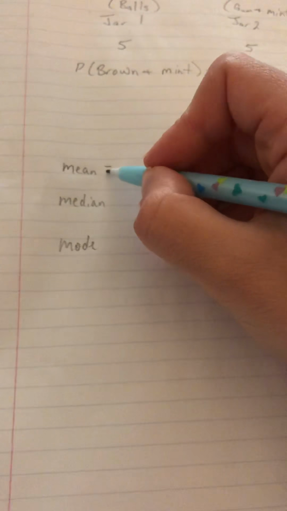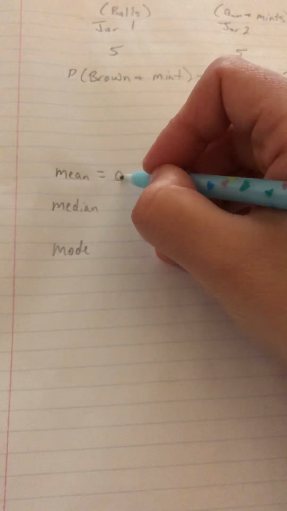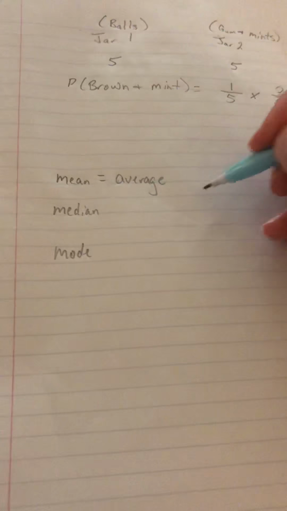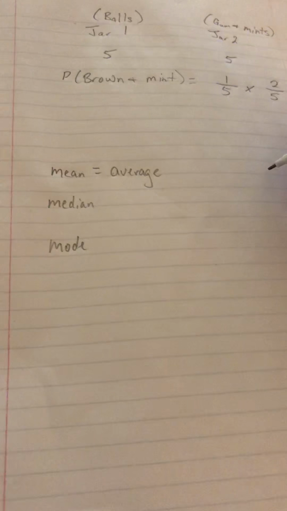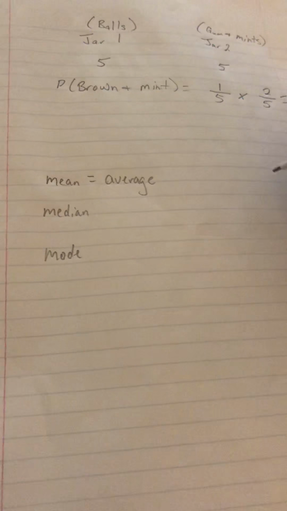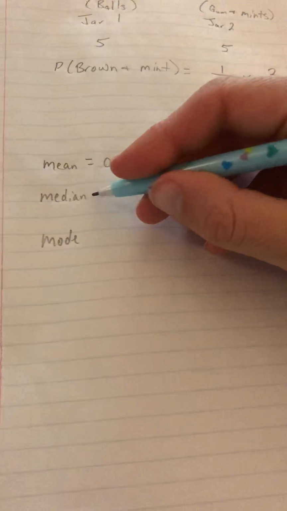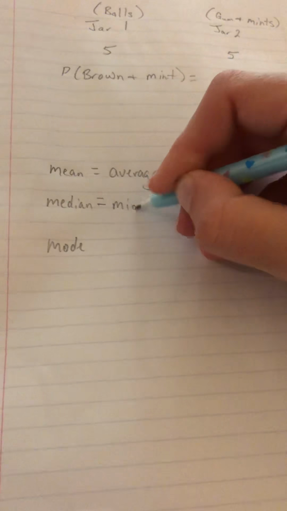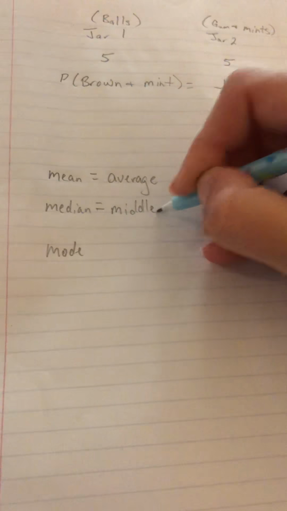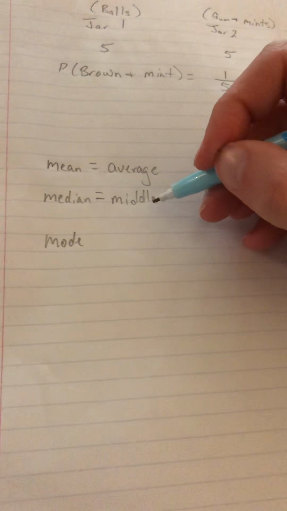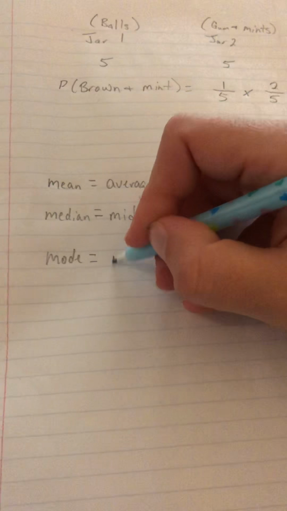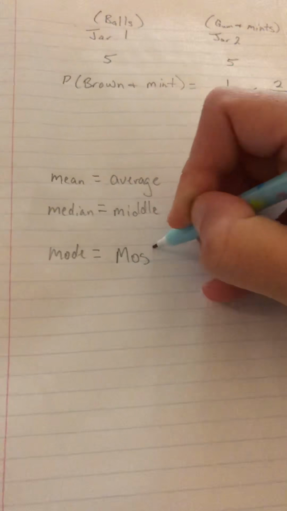The mean is your average. So to find the average of something, you add them all up, and you divide by the amount of numbers that there are. The median is the middle number once you order them from least to greatest, and the mode is the number that occurs the most often.